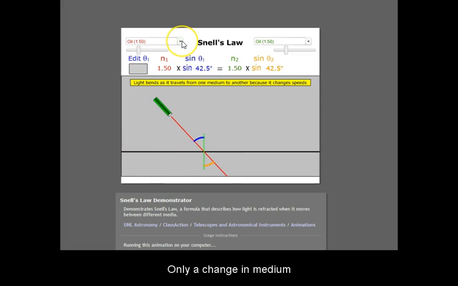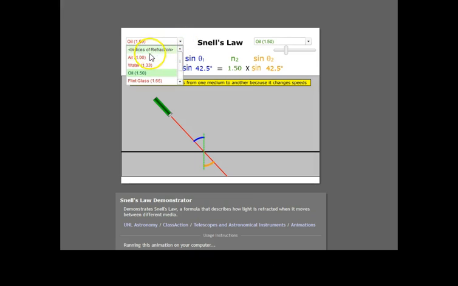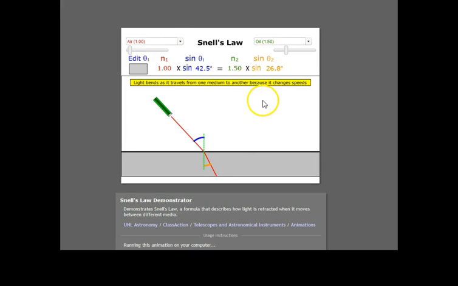Only a change in medium will induce bending. Also, bending is only relevant if the angle is non-zero.